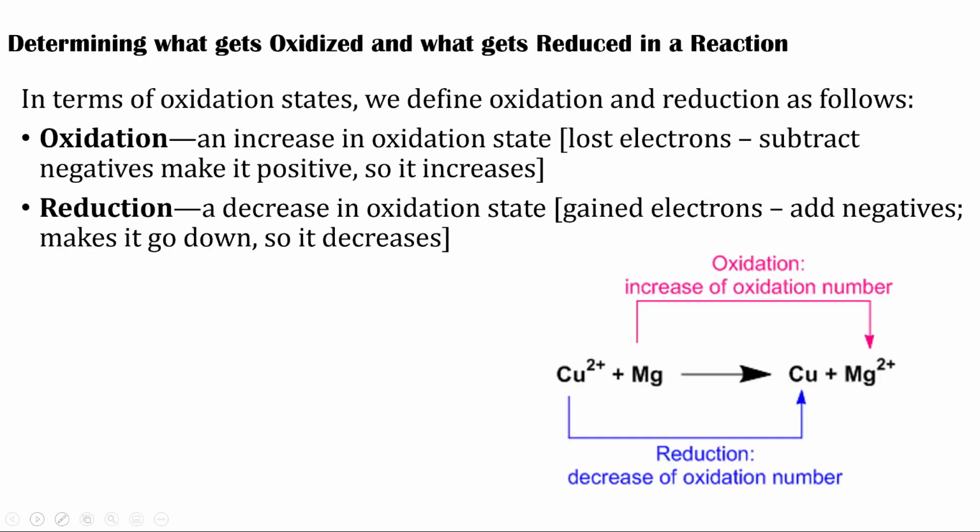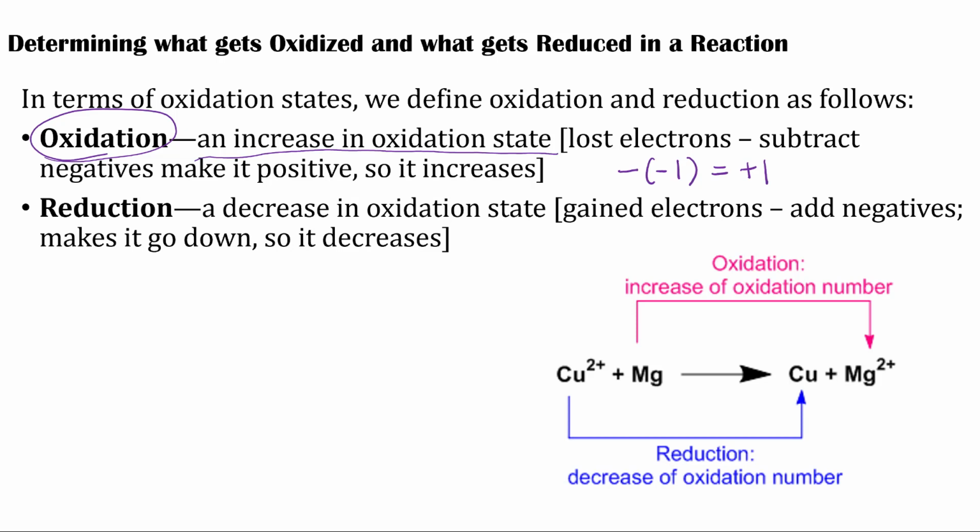So, determining what gets oxidized and what gets reduced in a reaction. In terms of oxidation states, we define oxidation and reduction as follows. An increase in oxidation state means that it was oxidized. If it loses electrons, it loses negatives because electrons are negative, so the number gets bigger.